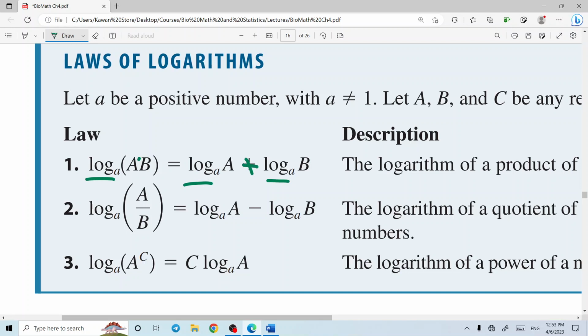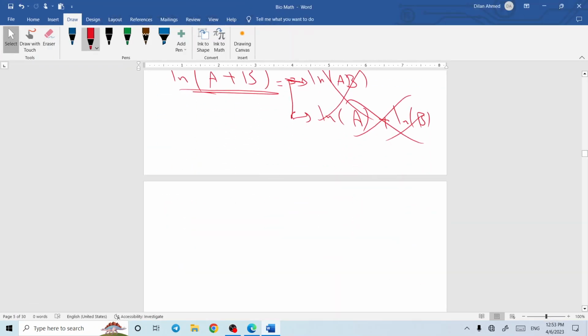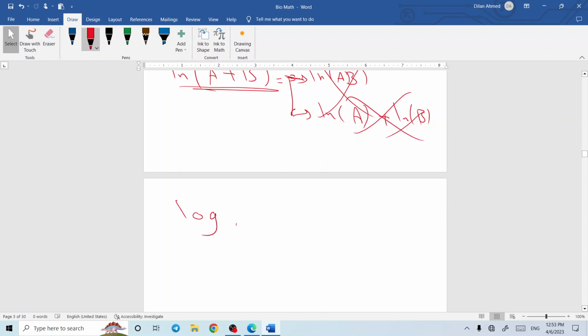Where's Jawazi? Okay. Understood? If I have one log with division, I can make it the first log minus the second log. Then of course, vice versa is also true. If I have two logs, nobody will say you are wrong. If you have two logs, log A plus log B with any base, let me say 10, you can say it is equal to log of AB, right?